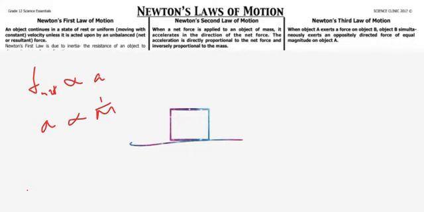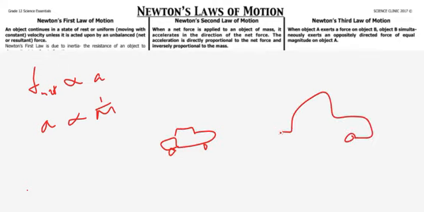He said that you can't push your car as fast as you could push your toy car. Oh, now I can get it. So what Newton said is that if you happen to have a toy car and a car, you can't expect to push them to the same acceleration.